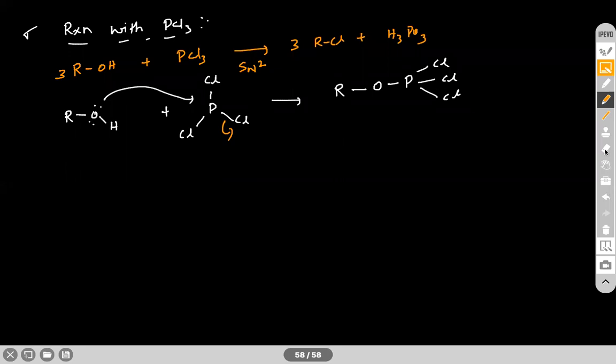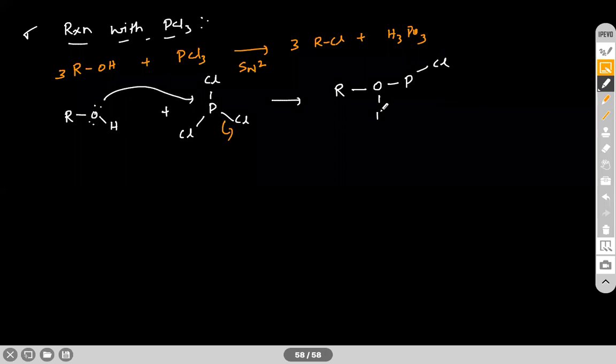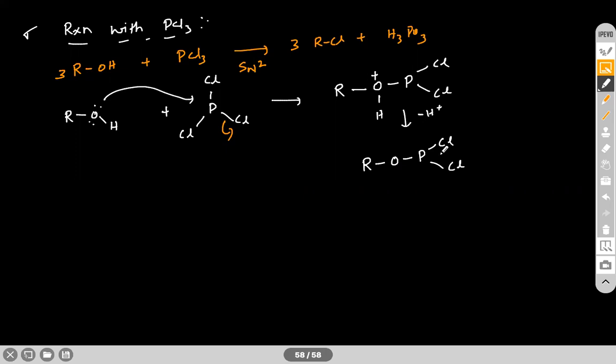So one Cl won't be there. So it will be like this, H positive charge and Cl. So finally H plus comes out. This converts into RO, PCl and Cl. One lone pair will be on each of these.